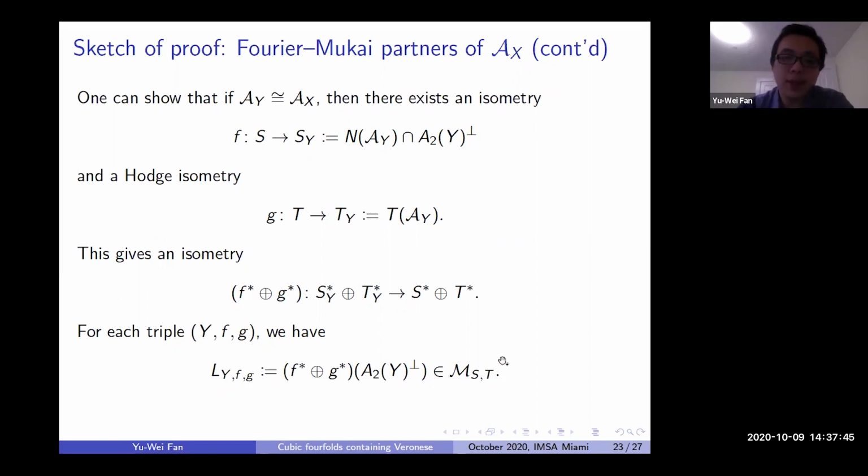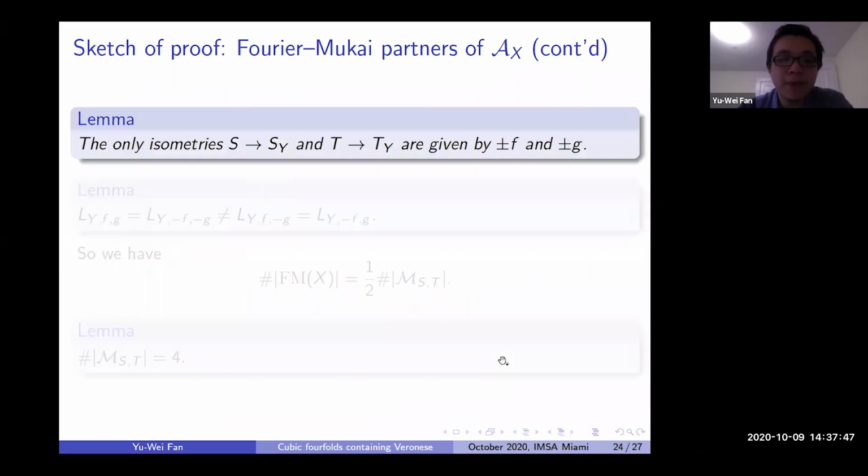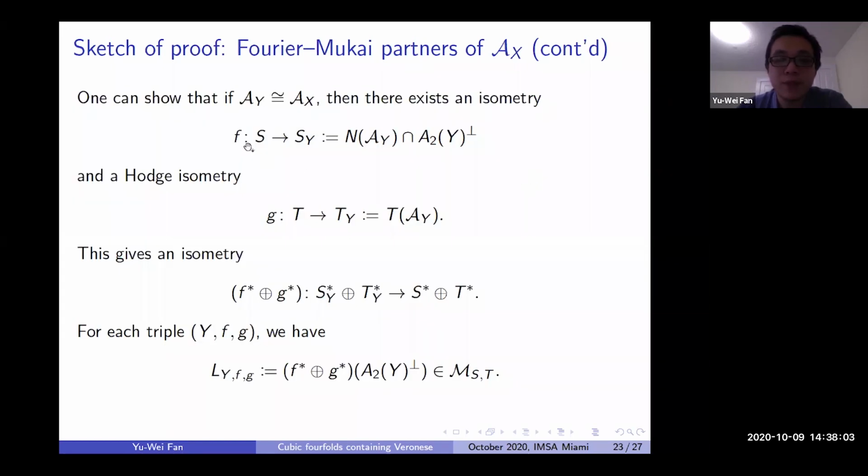We can show that the only isometries from S to S_Y and T_Y are given by plus or minus F and plus or minus G. So there's only two possible isometries here and only two possible isometries here.